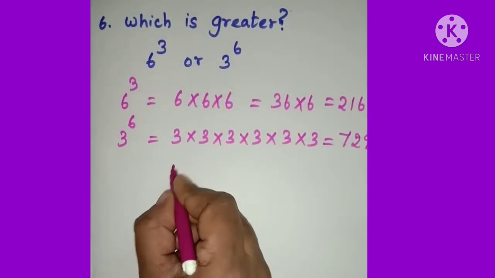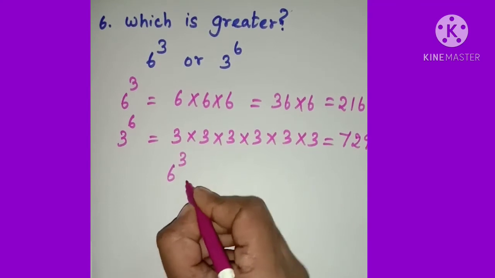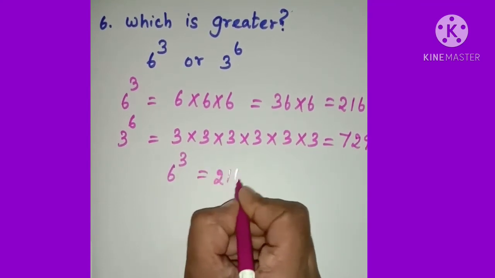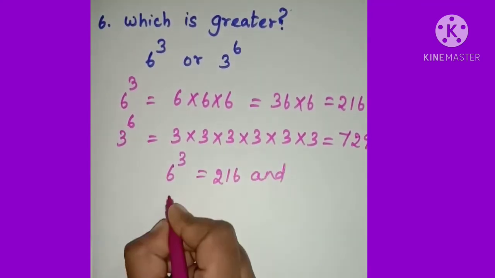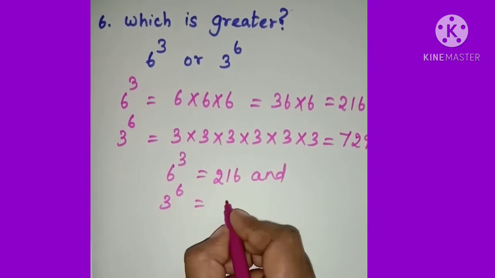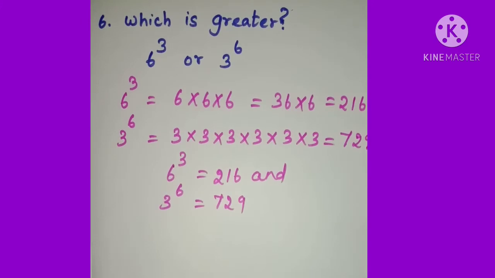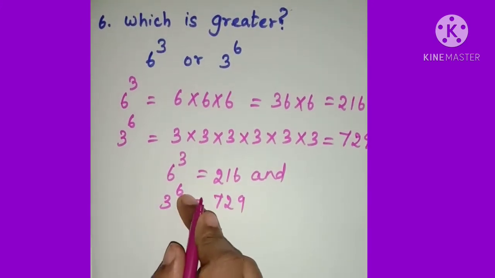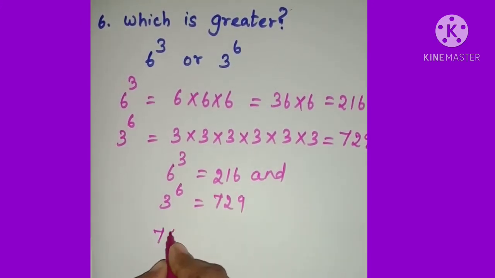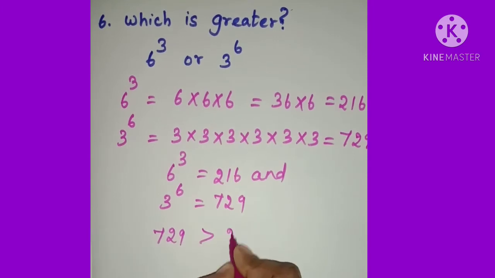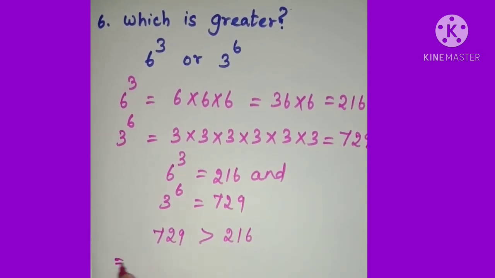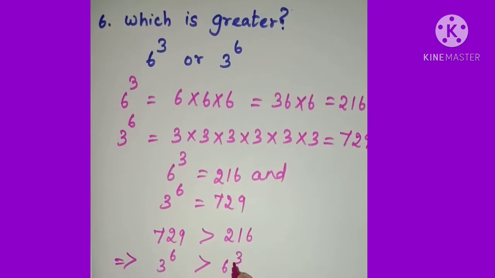So the value of 6 cube is 216 and 3 to the power 6 is 729. So which is greater? Yes, that is 3 to the power 6. So 729 value is greater than 216. It implies that 3 to the power 6 exponential number is greater than 6 to the power 3.